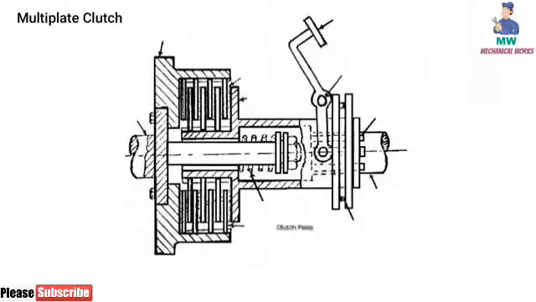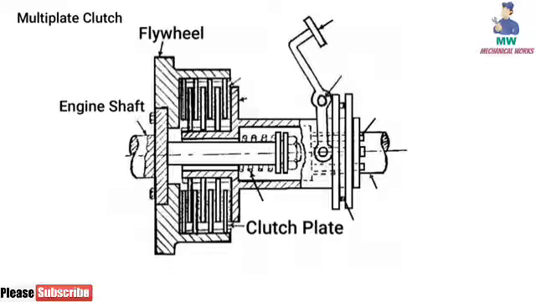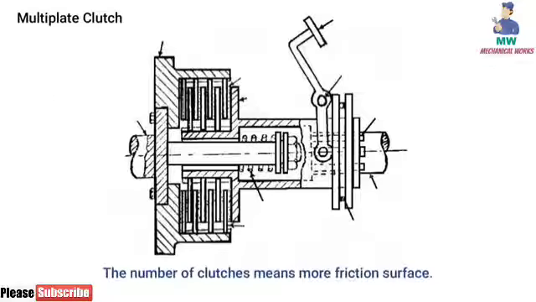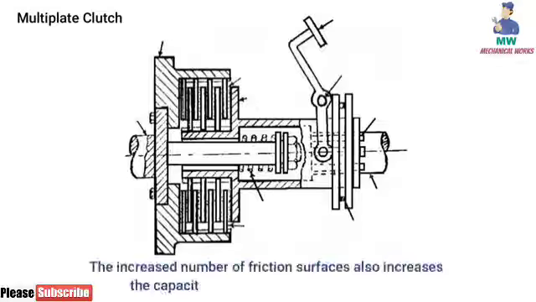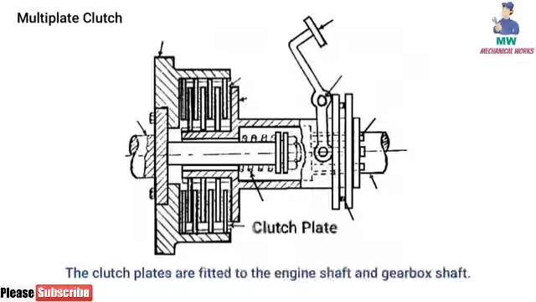Multi-plate clutch. In this type, multiple clutch plates are used to make frictional contact with the flywheel of the engine. This transmits power between the engine shaft and the transmission shaft of a vehicle. The number of clutch plates means more friction surfaces. The increased number of friction surfaces also increases the capacity of the clutch to transmit torque. The clutch plates are fitted to the engine shaft and gearbox shaft.